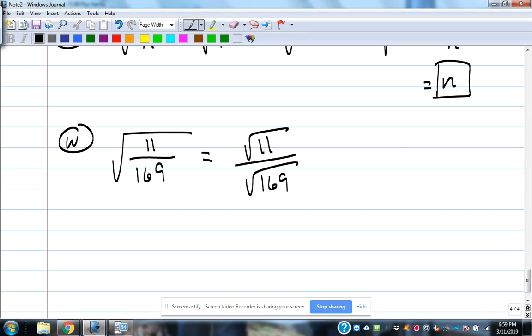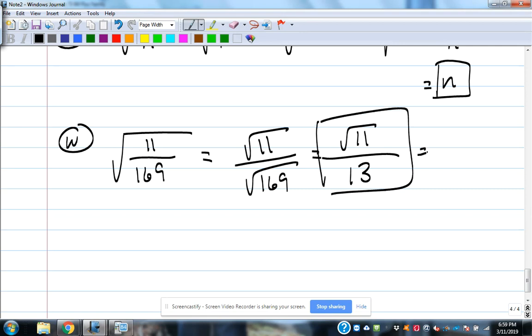And then try to simplify those if at all possible, individually. The square root of 11 stays the square root of 11 because I know 11's prime. But what about 169? Does it have a nice square root? 13. So it works out nice. So we have square root of 11 over 13.